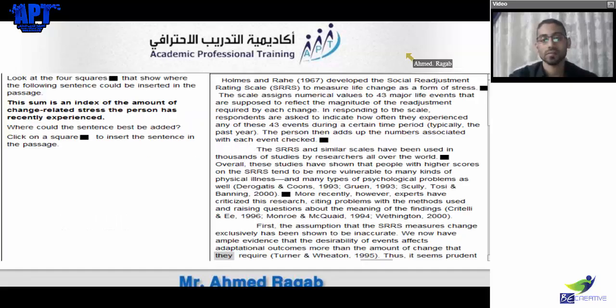Let's go next. Look at the 4 squares and how to put the sentence inside. So this sum is an index of amount change related to stress the person has recently experienced.